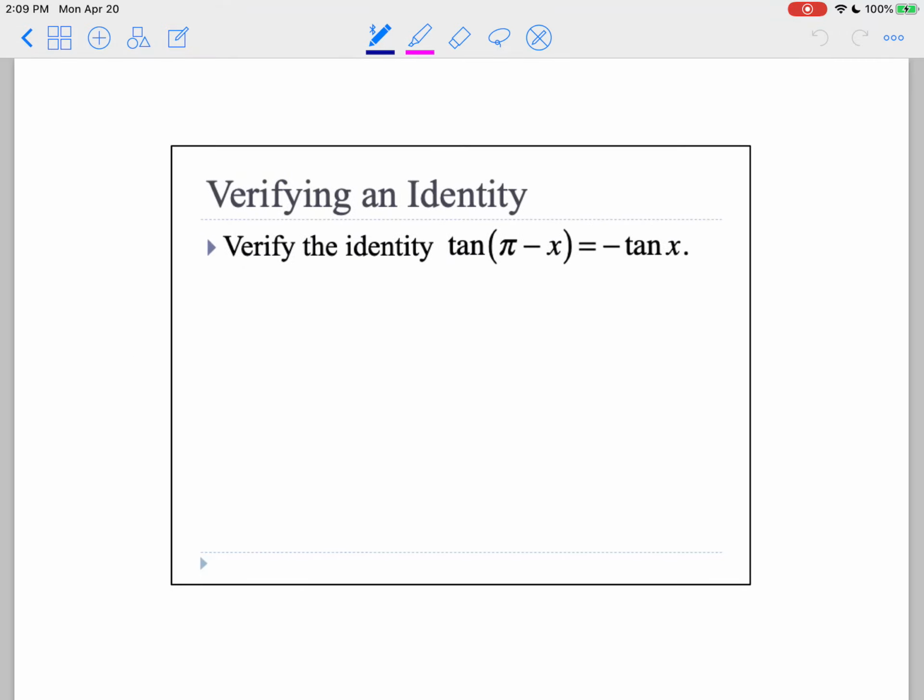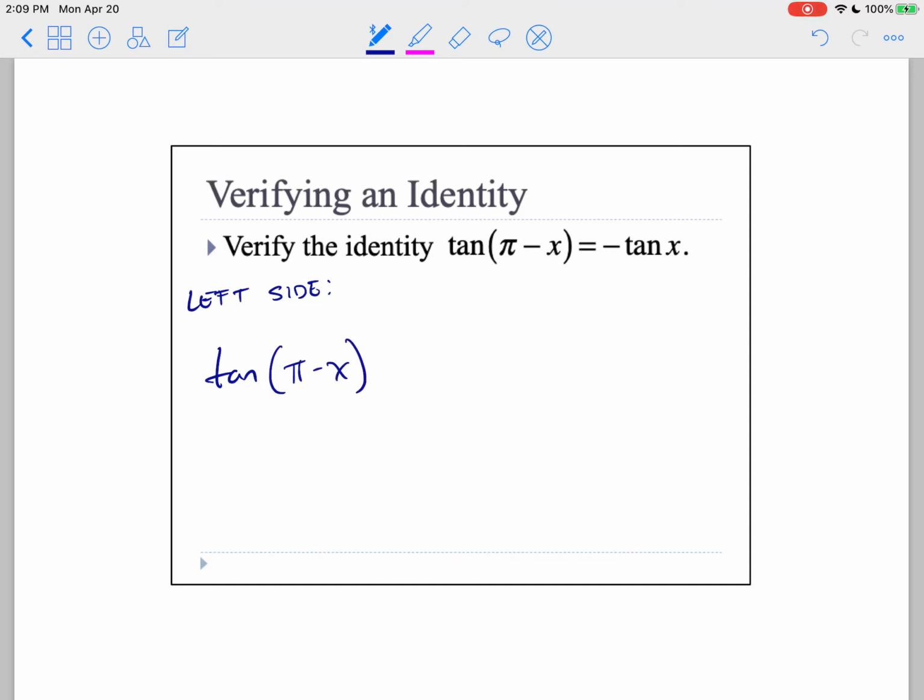Okay. So we're going to verify this identity. We're going to start with the more complicated side, which is more complicated because there's two terms inside of the tangent. So I'm going to start with the left side, which is tangent of pi minus x.